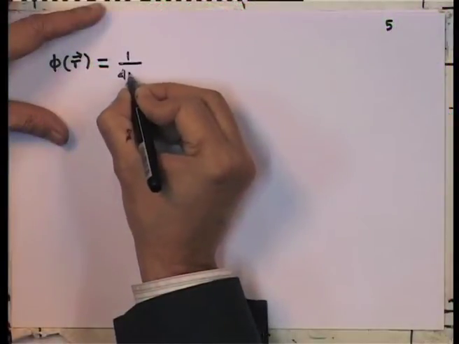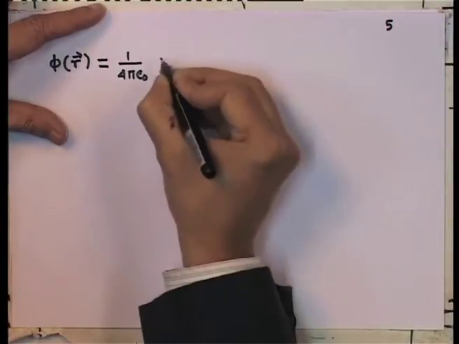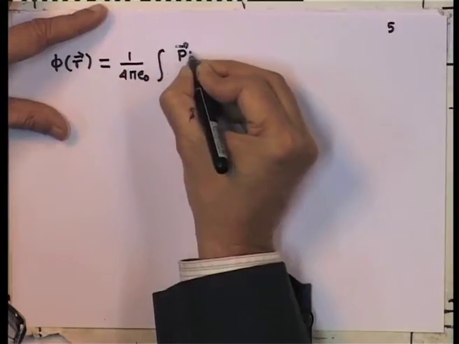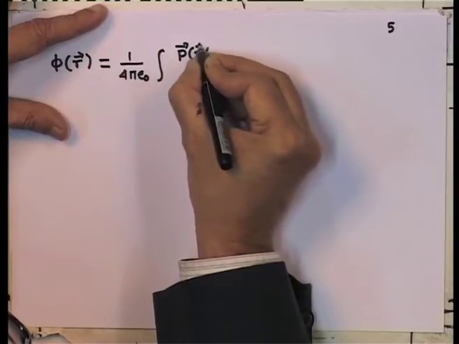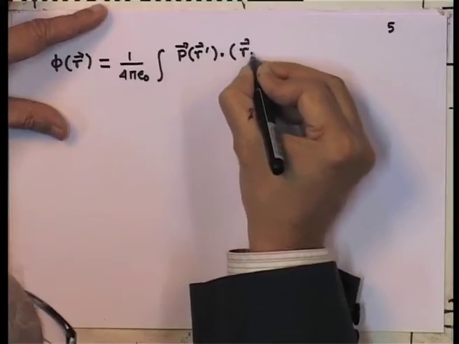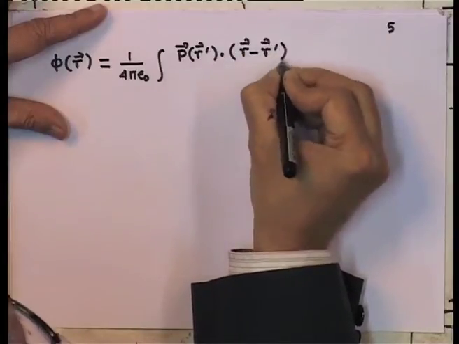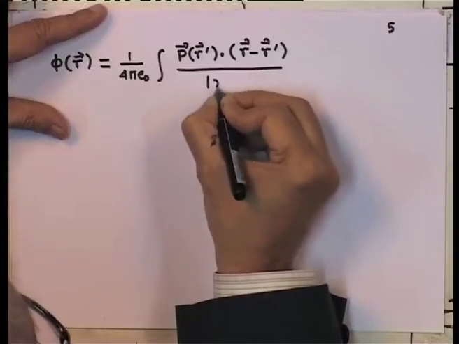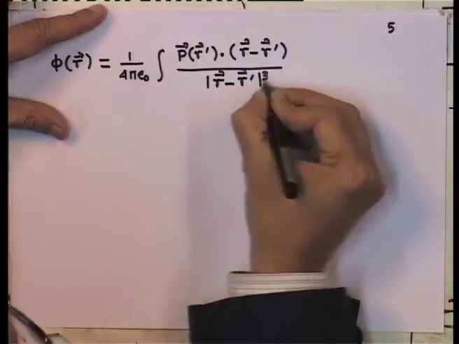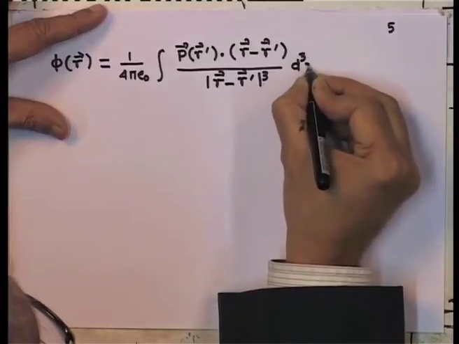So, I will write this equal to 1 over 4 pi epsilon 0 integral P of r prime dotted with r minus r prime divided by r minus r prime cubed, d cube r prime. Now, notice what I have done.